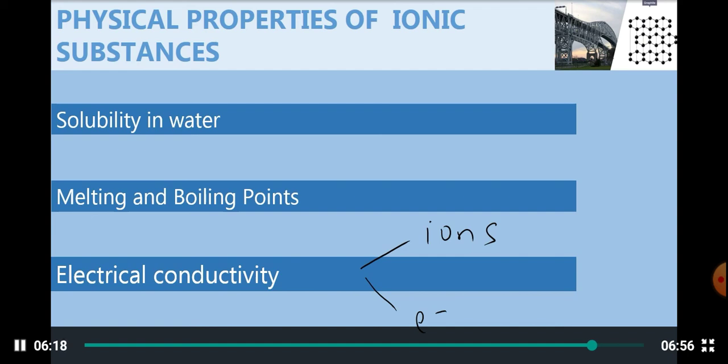So the compound cannot conduct electricity or even heat. But in molten state, when it is heated until it melts, the ions are free to move, and we say they are mobile ions. So they can move from one point to another and therefore enable it to conduct electricity.